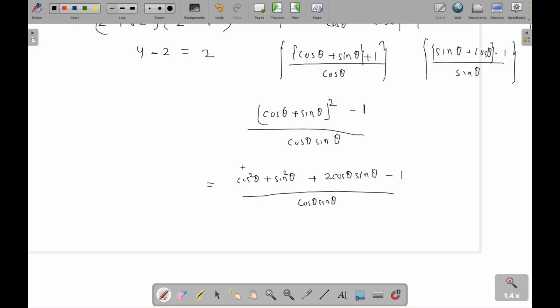We know this is equal to 1, and then 1 and 1 will get cancelled. We'll be left with 2 cos theta sine theta upon cos theta sine theta. So cos theta sine theta gets cancelled. We get 2 as the answer.